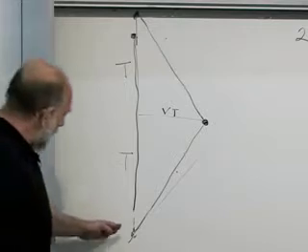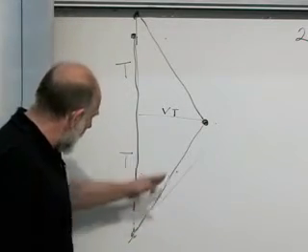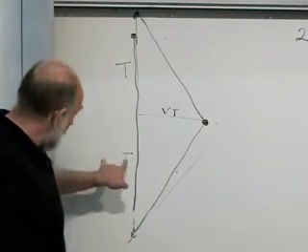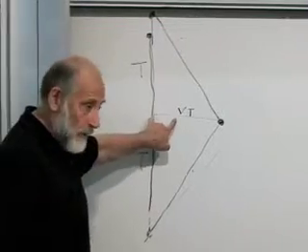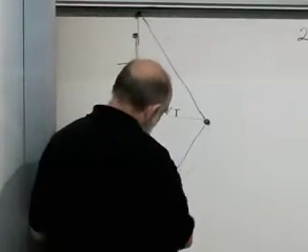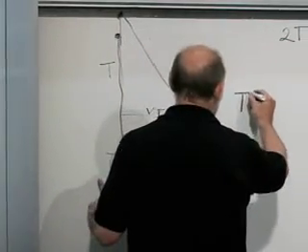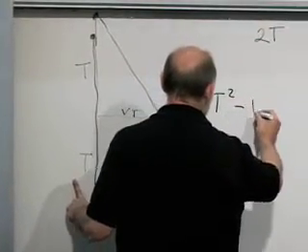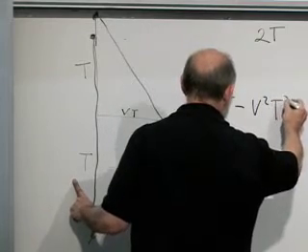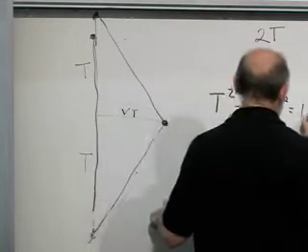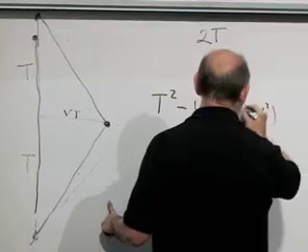Let's calculate the proper time from here to here. The square of the proper time is t squared minus x squared. So the proper time along the first leg of the journey is t squared minus v squared t squared, which is equal to 1 minus v squared times t squared.